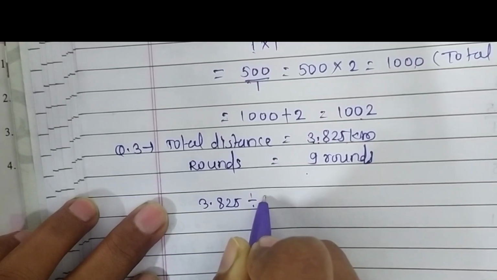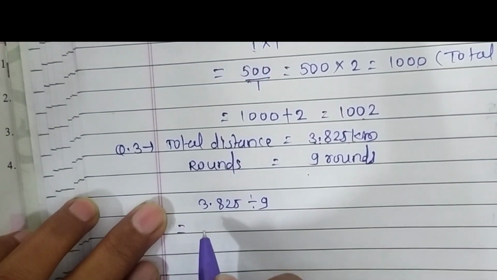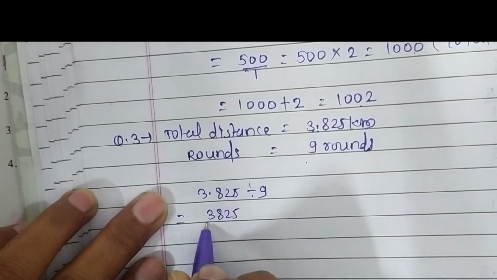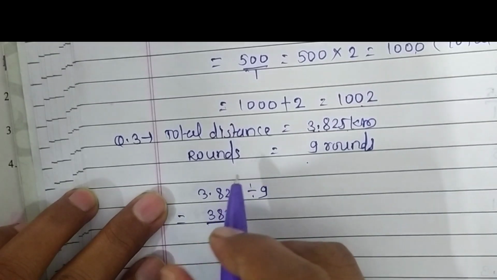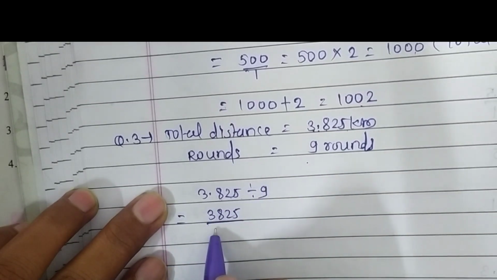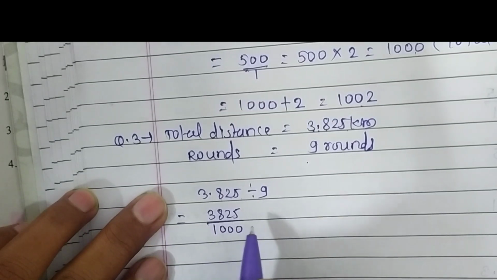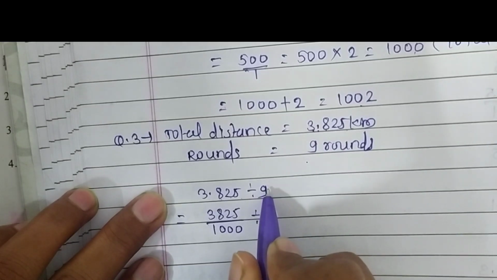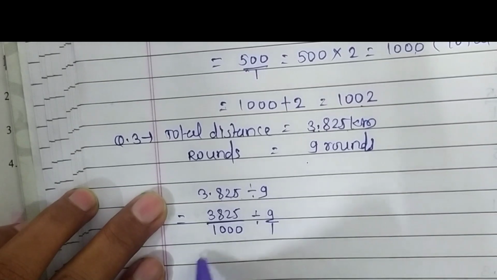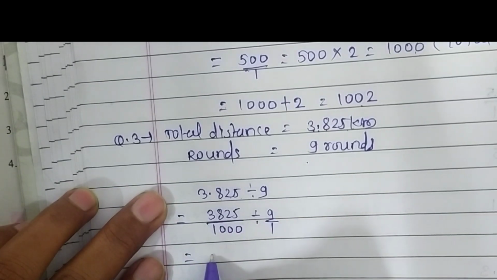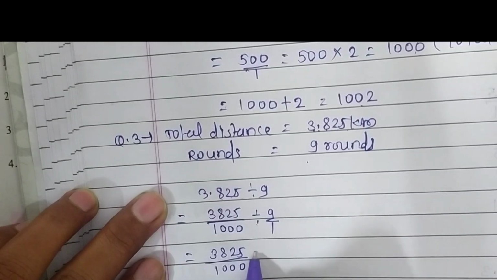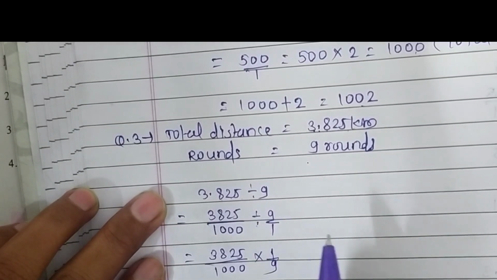3.825 divided by 9. Write them in common fraction form. 3.825 divided by 9 upon 1. Here the decimal places are 1, 2, 3, so we place 3 zeros beside the 1. It is 3825 upon 1000 multiplied by 1 upon 9.